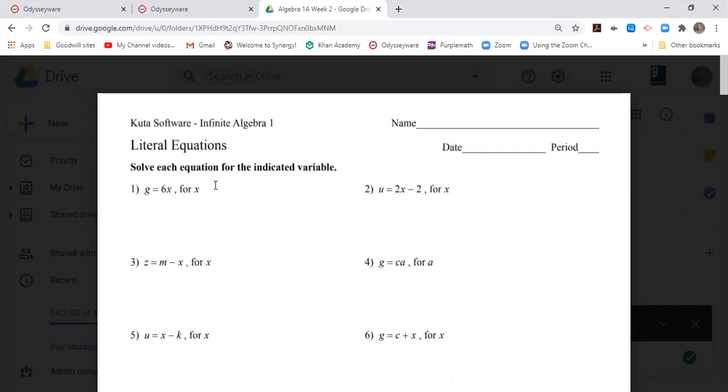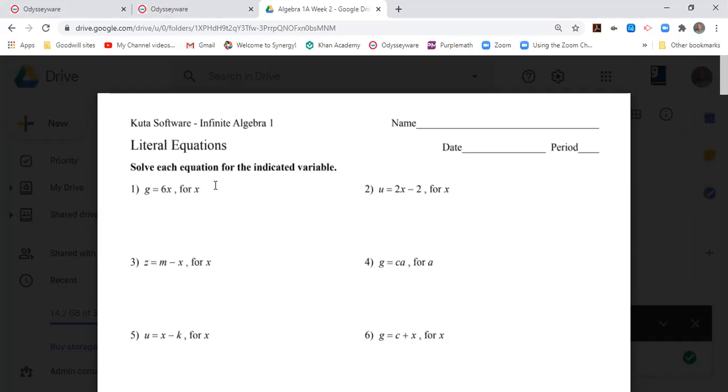If you've gotten to the point in Odyssey where you're doing the problems that involve volume, there's one where they talk about the volume of a vase that they're filling 2/3 full with water. That is an example of a literal equation. There's a couple of other problems where they're talking about gift wrap of a box.